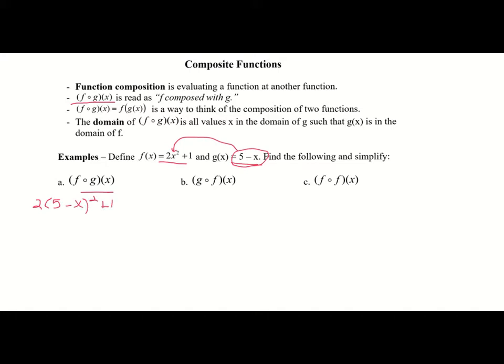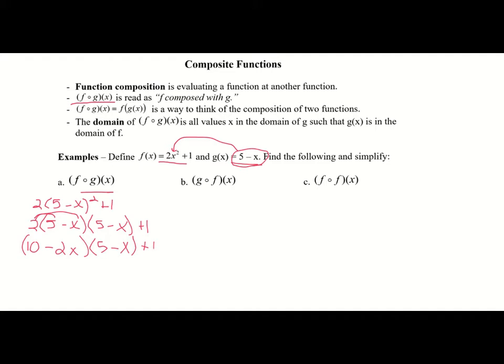Then we simplify. I can square the 5 minus x, so 2 times (5 minus x)(5 minus x) plus 1. I'll distribute that 2 to the first factor first, so it will be (10 minus 2x) times (5 minus x) plus 1.